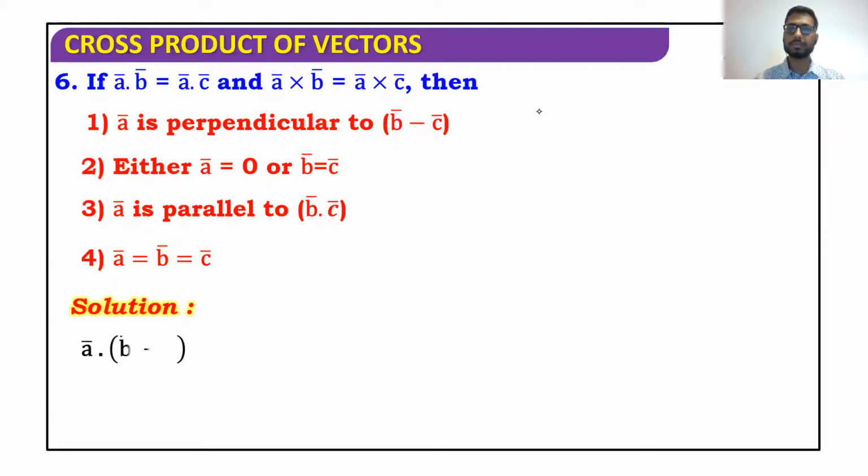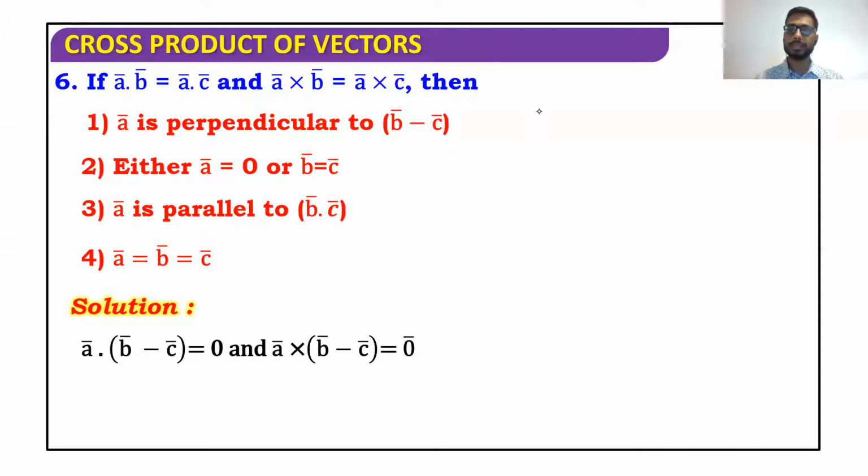Okay, so let's solve this. As I said, from the first term and second term, we are going to get these values. How did these values come? A dot b minus c is equal to 0. This value came from comparing your two dot products. A bar dot b is equal to a bar dot c. If I shift a dot c to the other side and take a common, I'm going to get a bar dot b minus c is equal to 0.